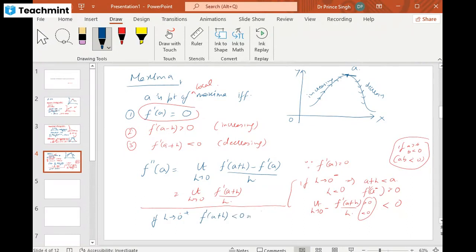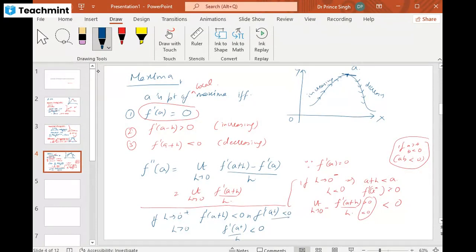Means f dash of a positive side is negative, but h is positive. So the ratio of f dash a plus h upon h is less than 0, because this is negative and this is positive, and the ratio of negative and positive is negative.